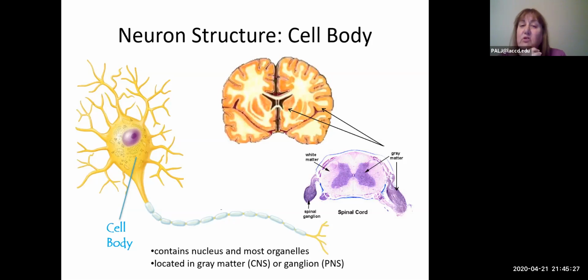In the central nervous system, they're located in structures known as gray matter. There's all different kinds of gray matter. A lot of it is on the surface of the brain, but we also have some gray matter deeper in the brain. Whereas in spinal cord, the gray matter is in the center of the spinal cord. And then outside of the central nervous system, in the peripheral nervous system, it's going to be located in a structure known as a ganglion.